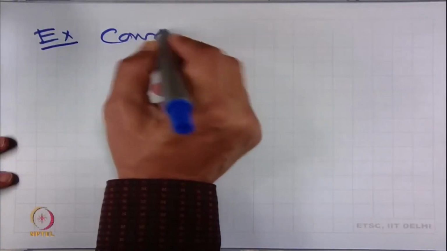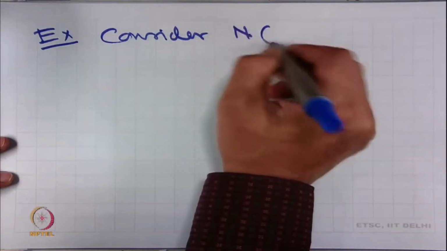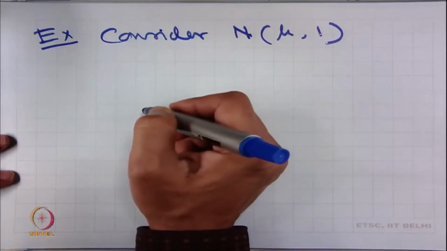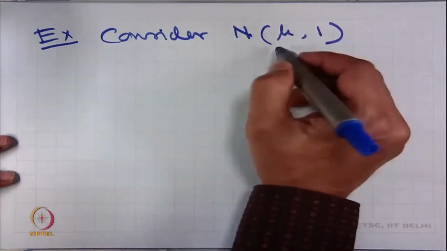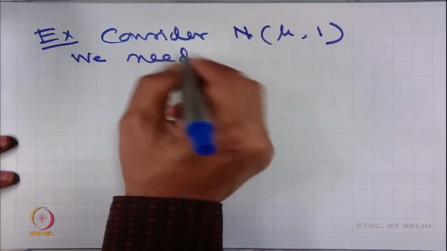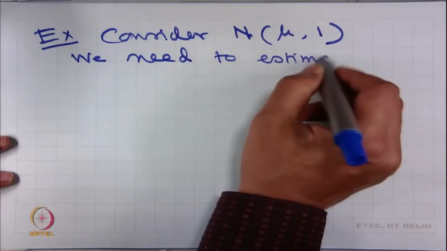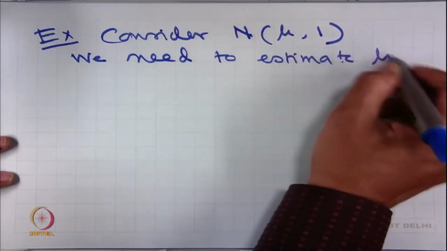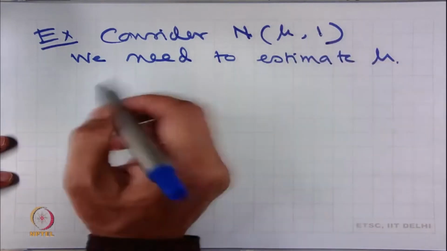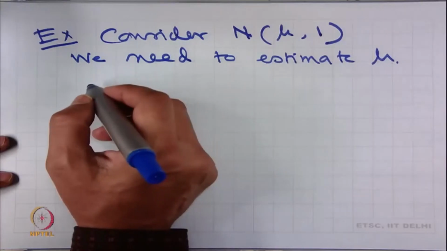Example, consider normal mu, 1. We need to estimate mu. Note that the variance is already known. In this case, it is 1.